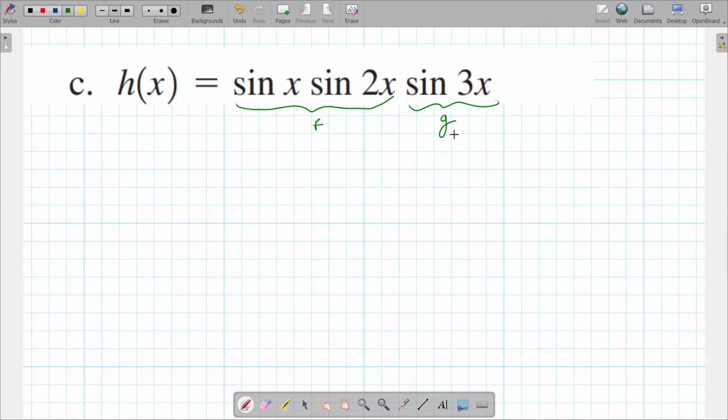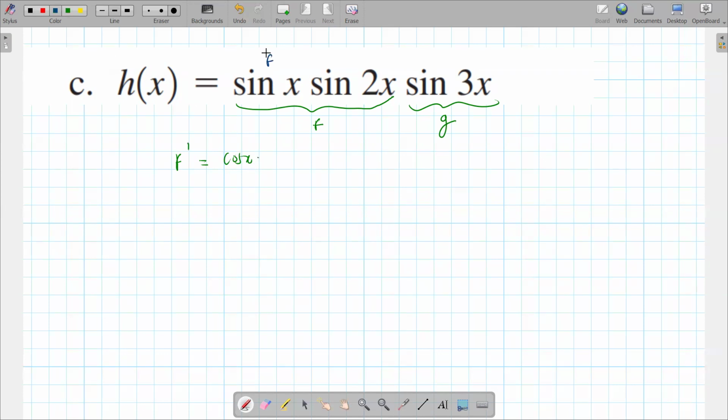Before getting into the product rule, I'm first going to find these guys individually. What's f prime here? If this times this is f, what's f prime? Cosine of x, and then cosine. Nope. So now you got to think of it.